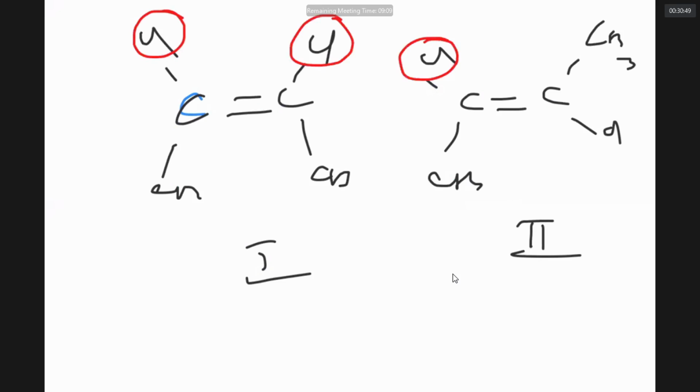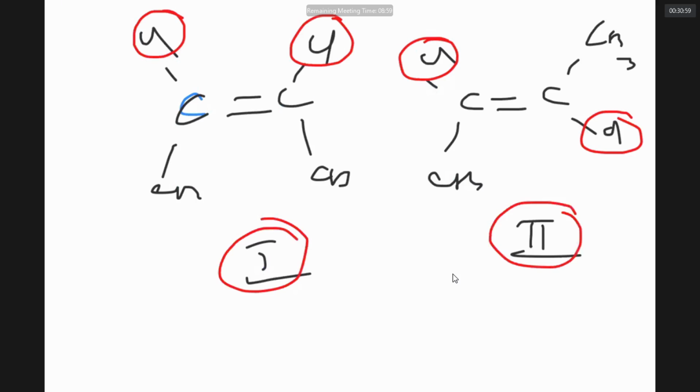Here, two Cls are very far. You can't rotate it. The double bond will not allow the C-C rotation. This molecule and this molecule are different. They have different melting point, different boiling point, different chemical properties, different physical properties, different stabilities.